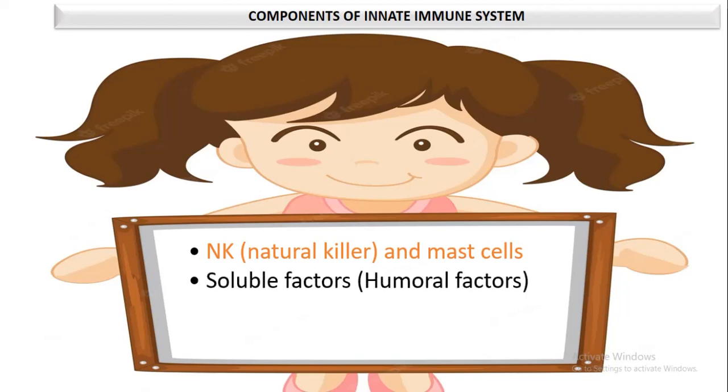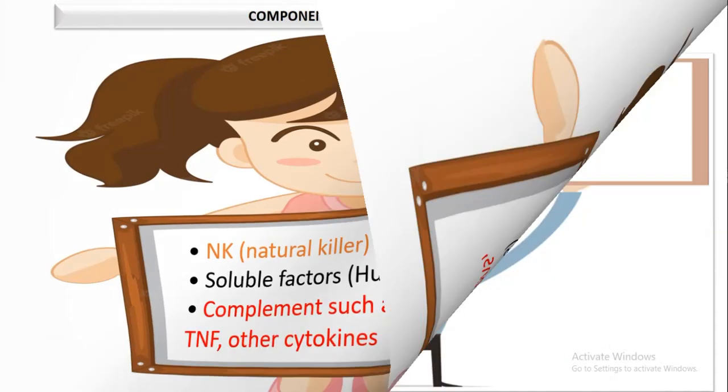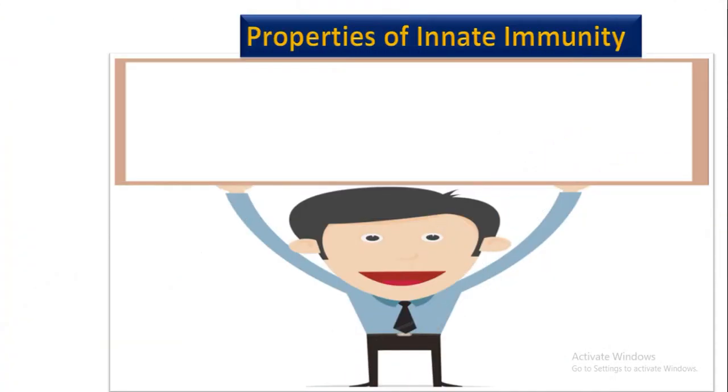The other component is the soluble factors, which form the humoral factors, and then the other one is the complements, such as interferons, TNF, and other cytokines. All that I'm going to explain in the next slides.